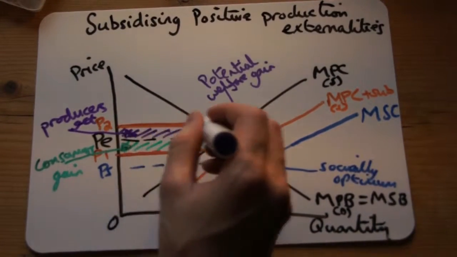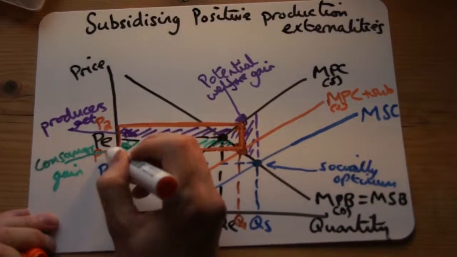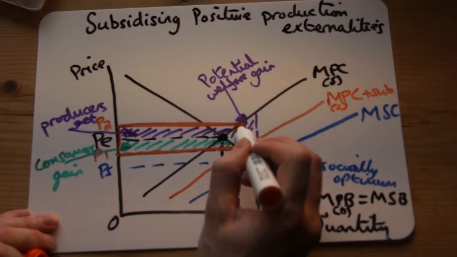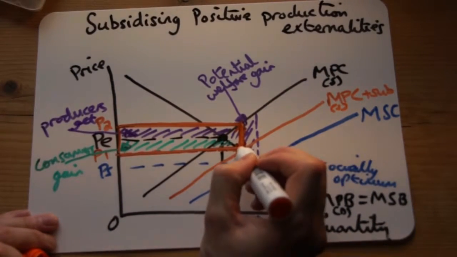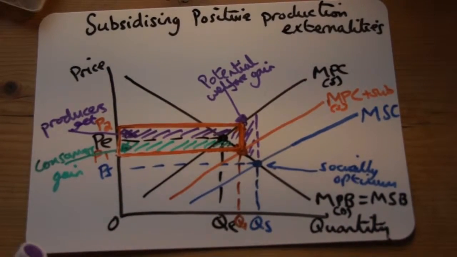So the producers gain some, and so do the consumers. But the whole box here, P1 to P2, all the way to the old supply line and the new supply line, that entire box is the value of the whole subsidy given by the government.